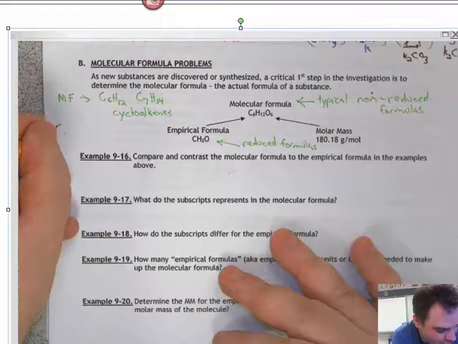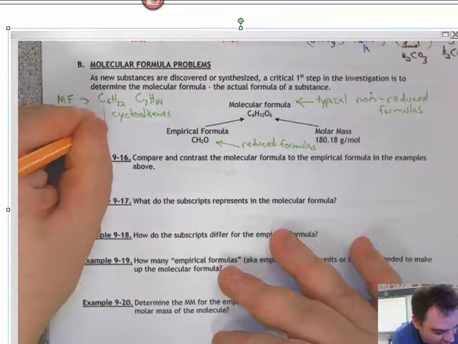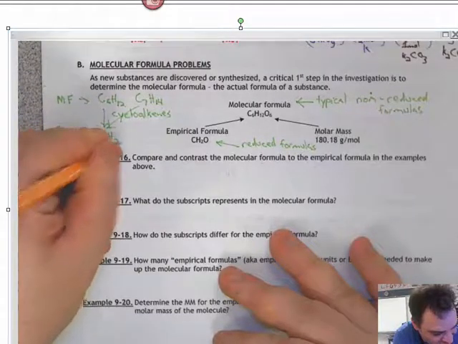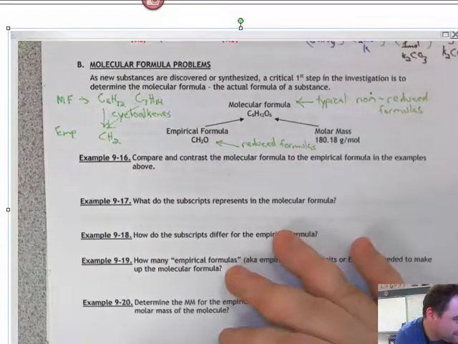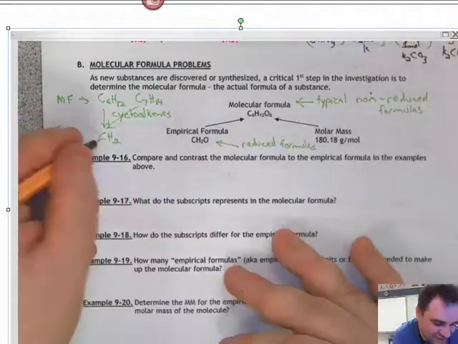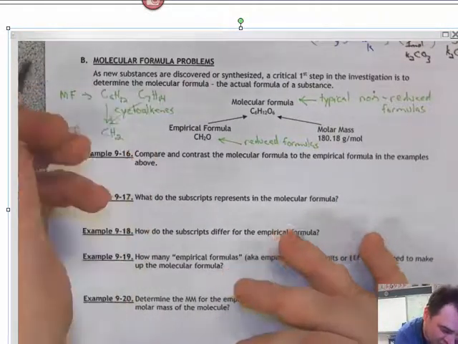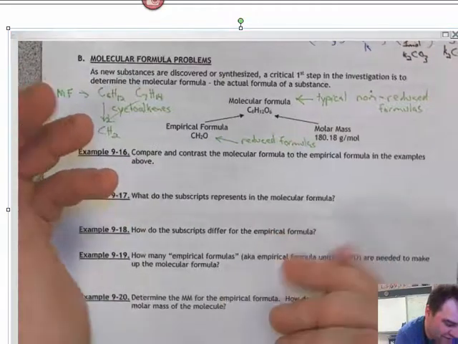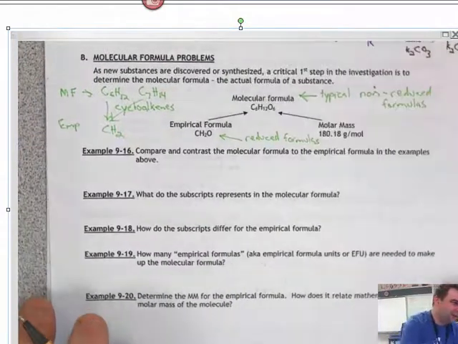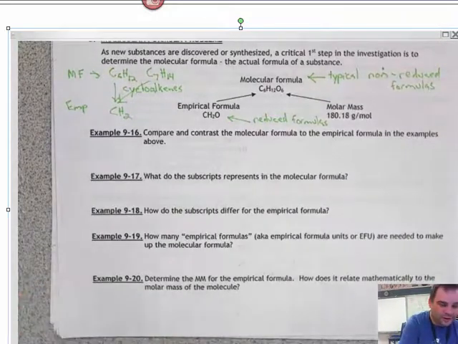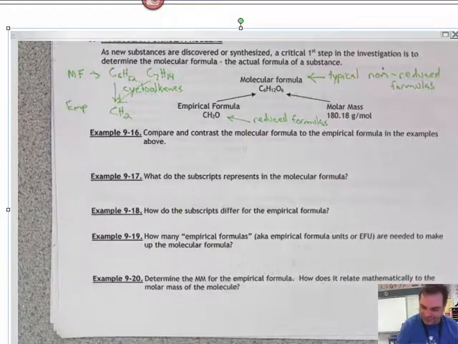Well, the empirical formula for all of those, when you reduce them, is CH2, okay? But they don't exist as CH2. The molecular formulas are C6H12, or C7H14, or C8H16, and so on. Typically, you have to worry about molecular formulas for covalent compounds.